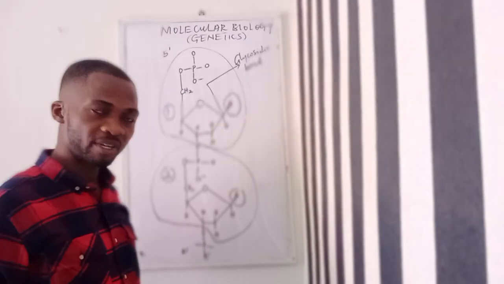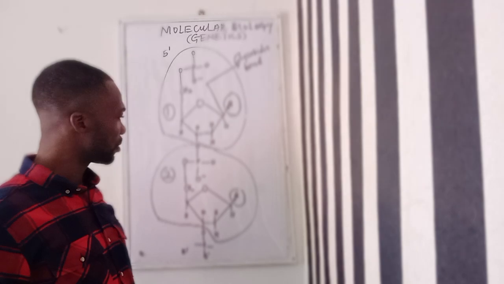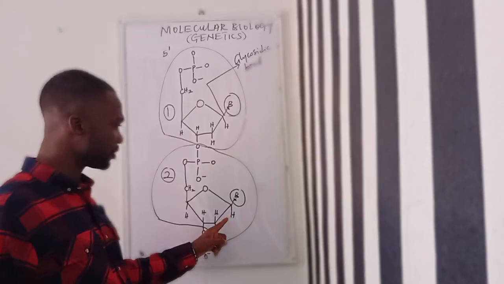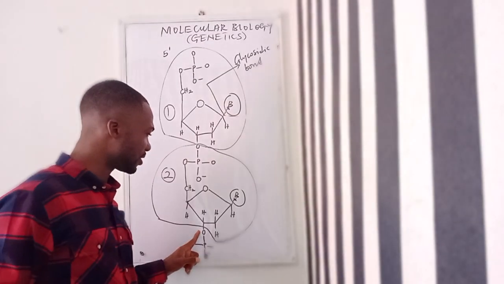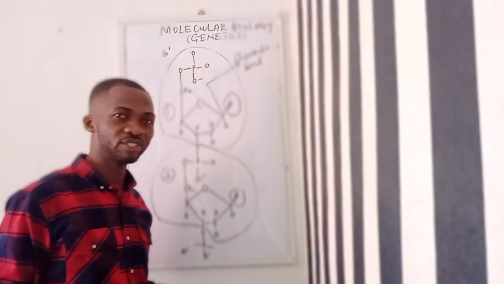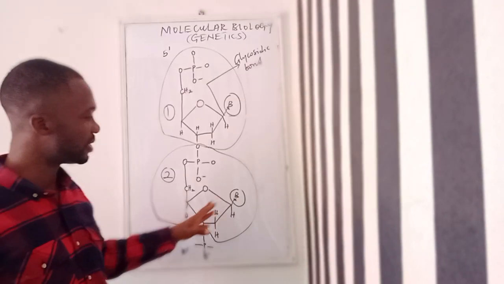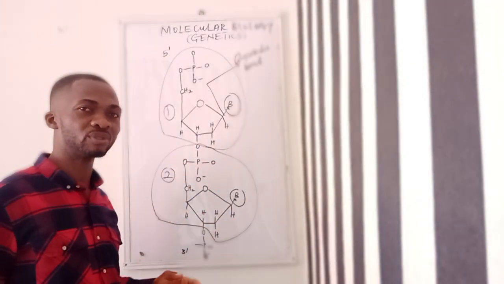And don't forget that the first time I drew the structure of the pentose sugar, you could see OH here, OH here, OH here, and you could also see OH here. The question now is what happened to the OH? Those OH within these regions were used in the formation of these bonds.